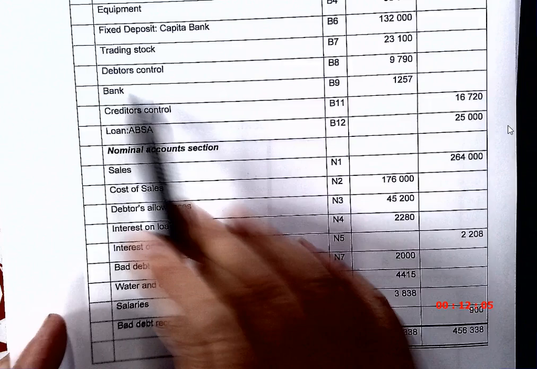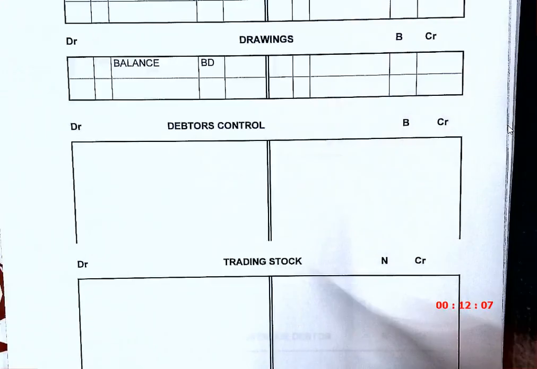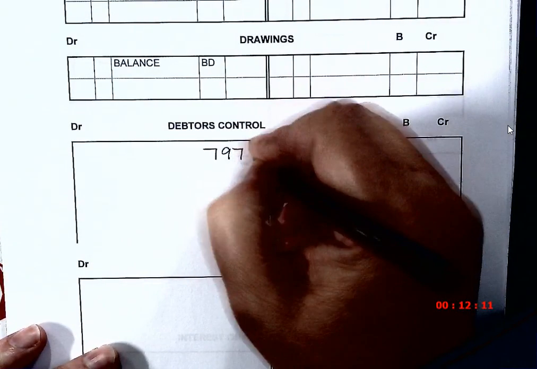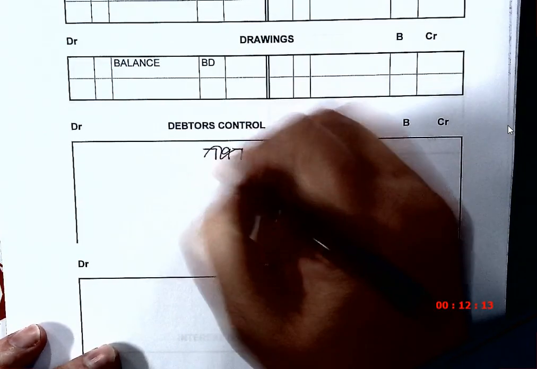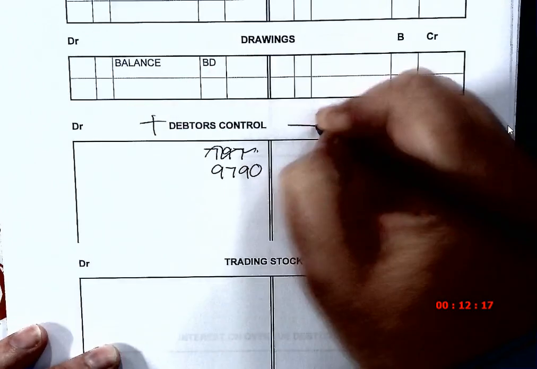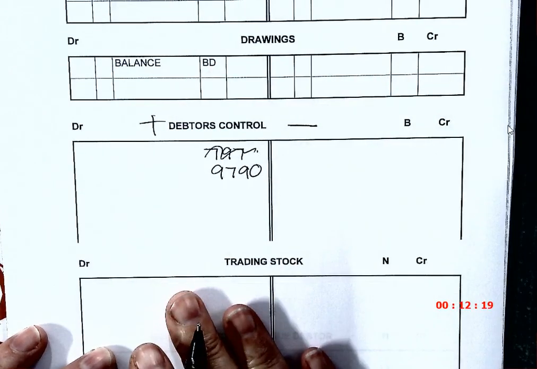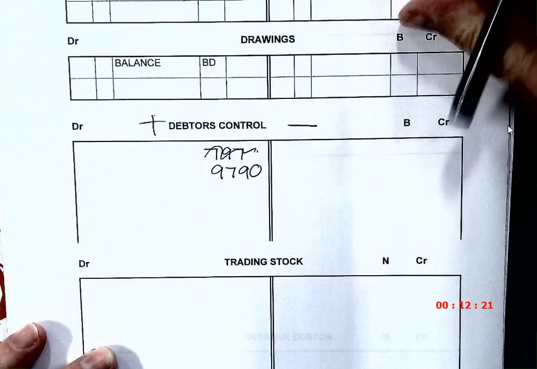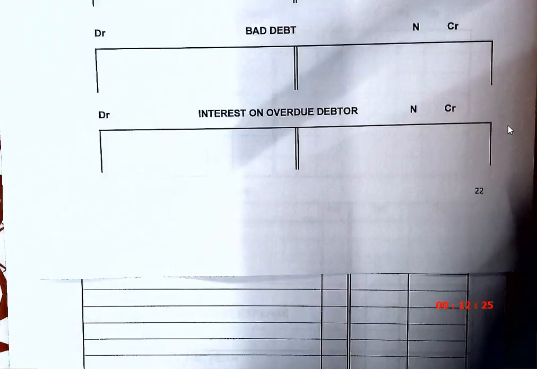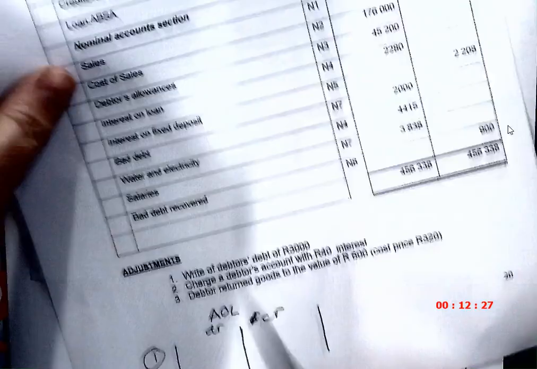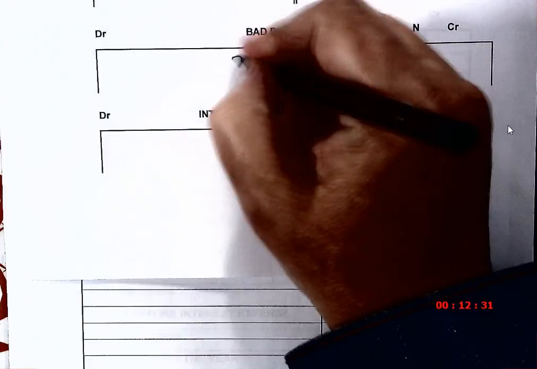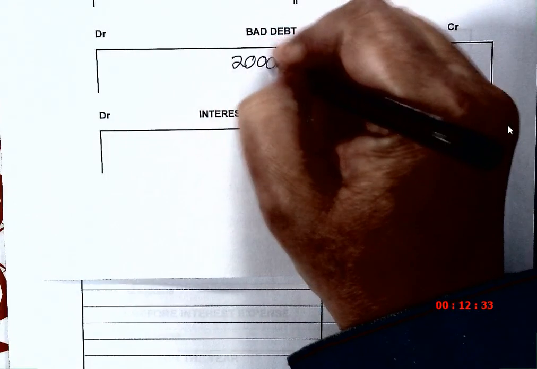There is a debtor's control, 9790, so his balance would be this side. I'm not going to do the T, I just want to see which sides things are. And bad debts, does bad debts have a balance? Yes, it has a balance there, 2000. So I put in the 2000 there.